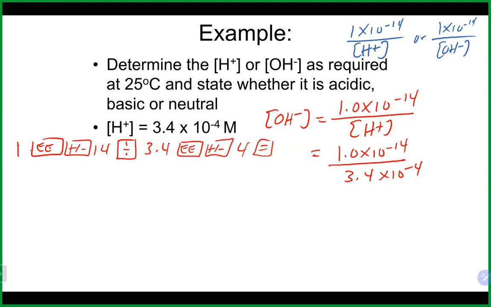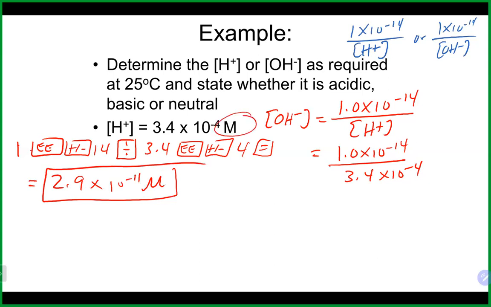Looks like maybe here, I hope. You end up with 2.9 times 10 to the minus 11. This would be molarity, as the original concentration was also molarity here. First off, any questions on that calculation there?